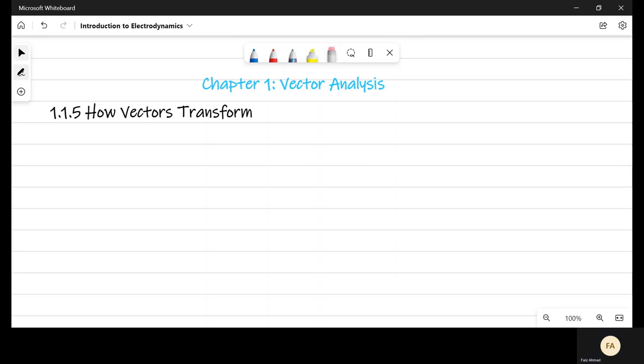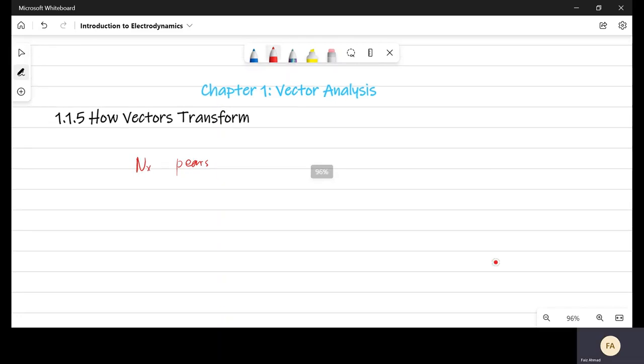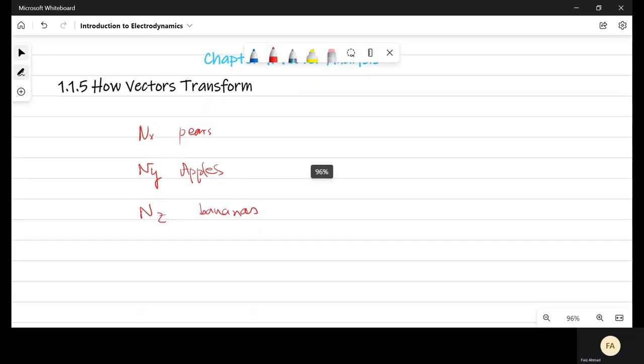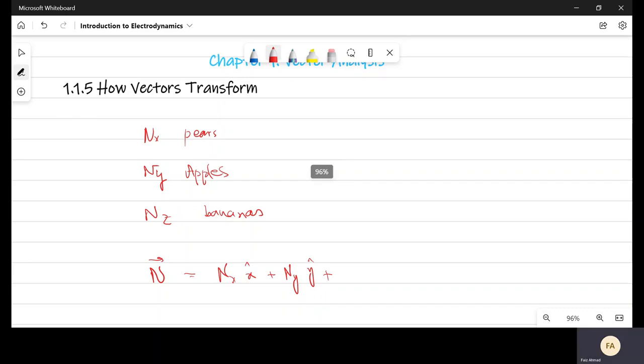We have nx pears, ny apples, and nz bananas, and let's make a quantity, say a vector n with nx, ny, and nz.